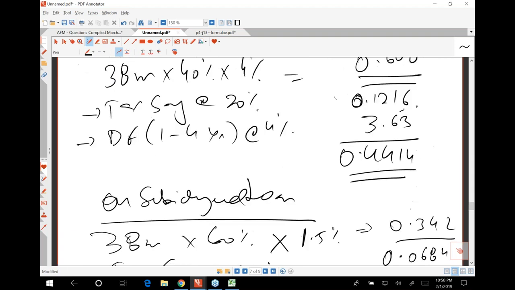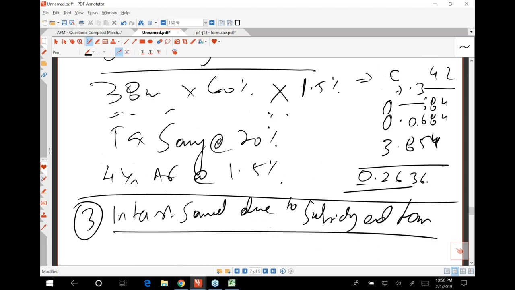One of them is 0.4414, one of them is 0.2636.